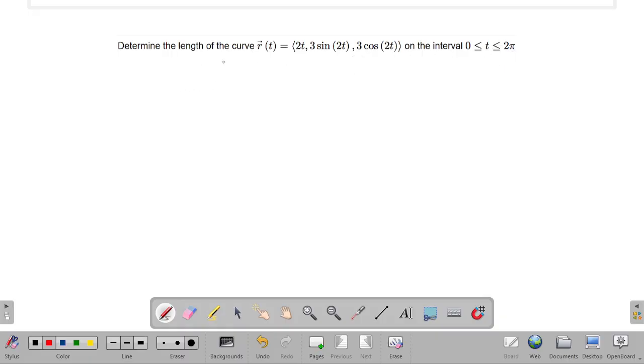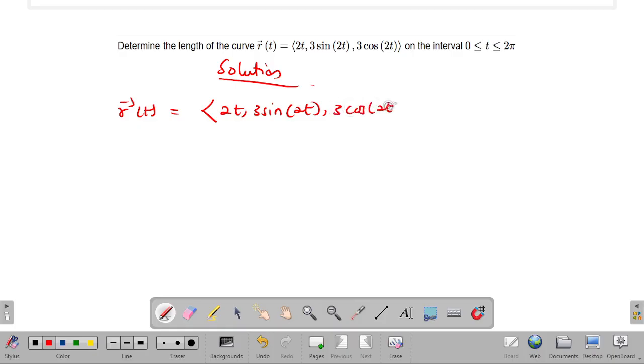Solution: to solve this problem, we take our r of t, which is given as 2t, comma, 3 sine 2t, comma, 3 cos 2t. And our interval is 0 less than or equal to t less than or equal to 2 pi.